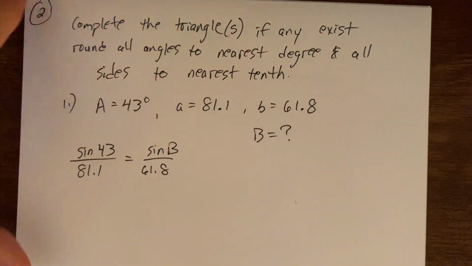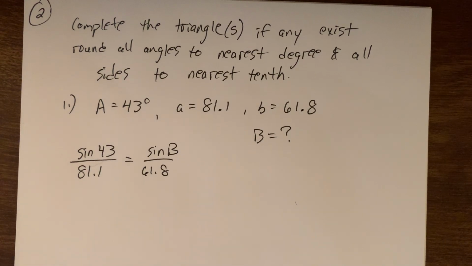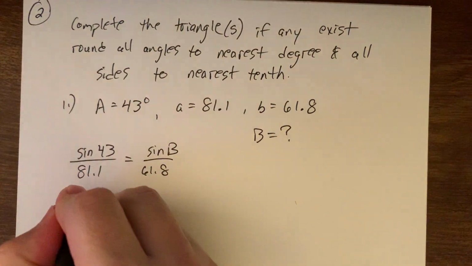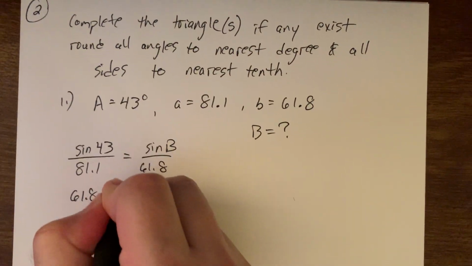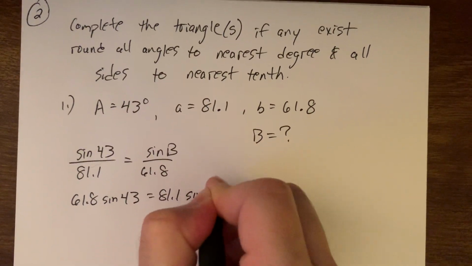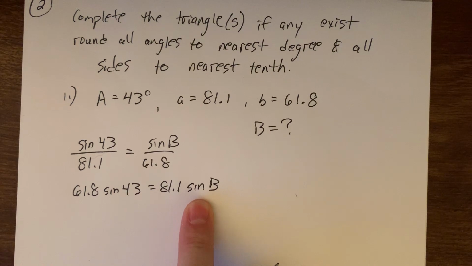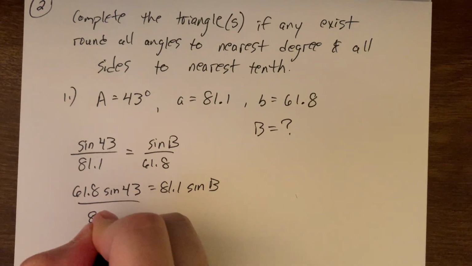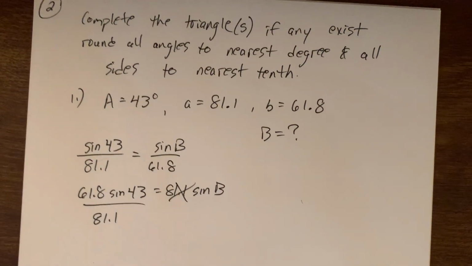Now, solving this, it's still a proportion, so I'm still going to cross multiply, but solving for an angle here, because it has the sine function on it, is a little different than solving for the side length. I'll still cross multiply, so I'll get 61.8 sine of 43 equals 81.1 sine of B. And if I want to solve for B, well, I'll divide the 81.1 over.